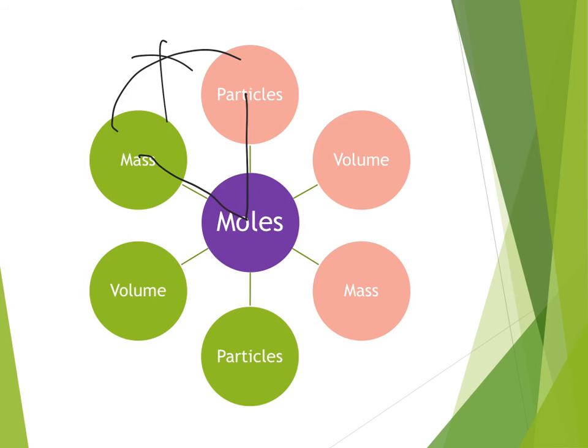How many liters are in 6 atoms of nitrogen? I can't go around that way. There's no road there. So you follow the road from atoms to moles to liters. So that's always what you're going to do, is go to moles first when you are doing conversions that take more than one step. And you'll know it takes more than one step because the word mole is not in the problem.